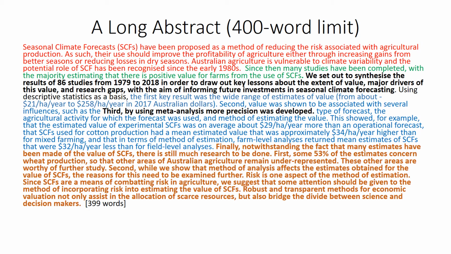And that's purposely done because the authors felt the need to tell the profession how important this issue is of getting the analysis of seasonal climate forecasts and the valuation of them correct. So the article really emphasizes the need to inform the profession of the importance of this issue.